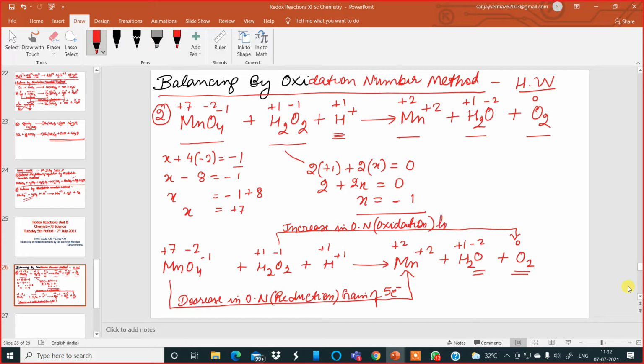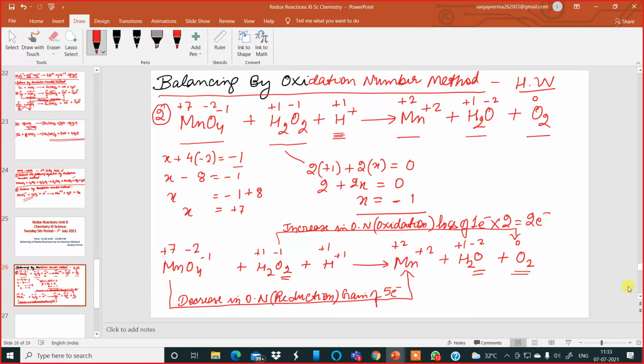Loss of 1 electron. But how many atoms are there? 2 atoms, no? So you have to multiply over here by 2. So total how many electrons lost? 2 electrons. Am I clear, boys?